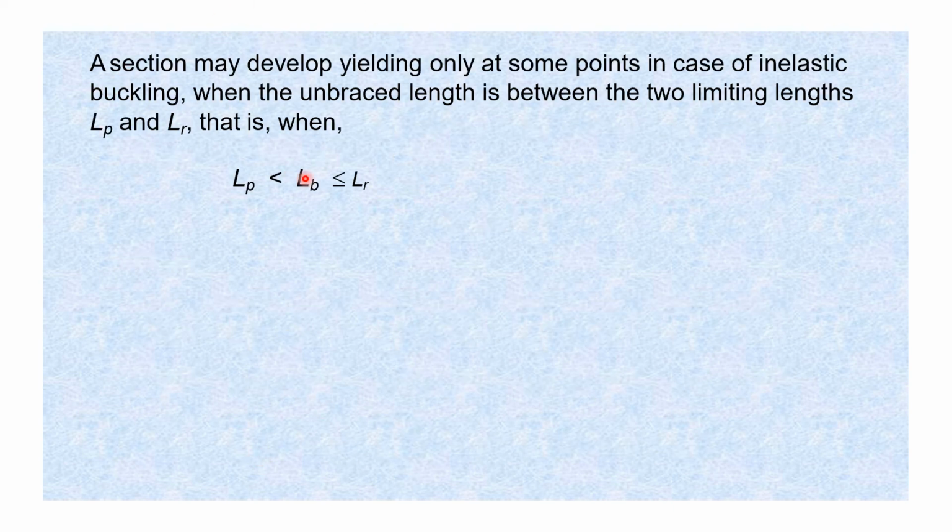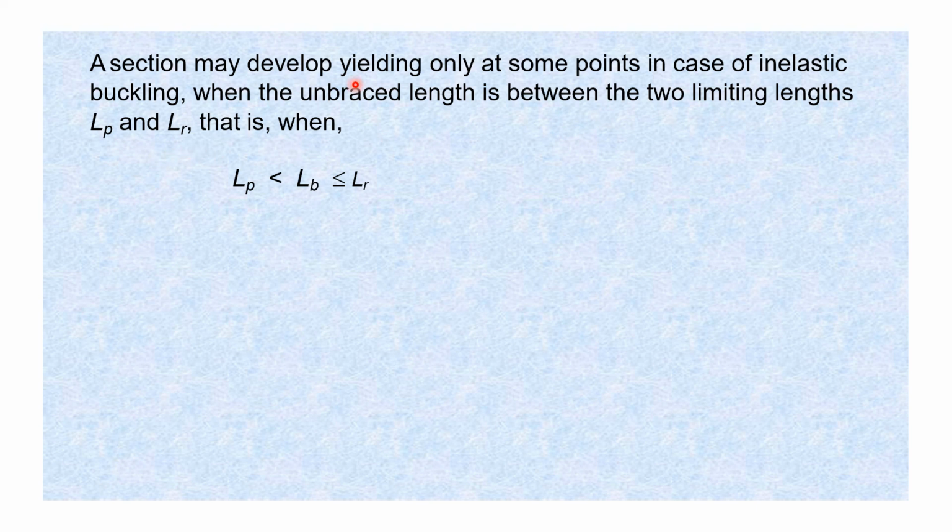Second criteria: if our length is greater than LP but less than LR, a section may develop yielding. Yielding will start only at some points in case of inelastic buckling, when the unbraced length is between two limits, LP and LR.